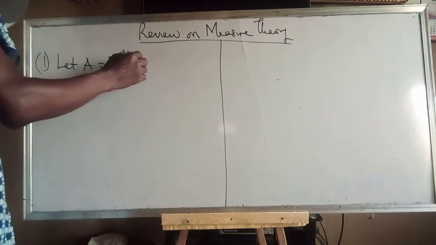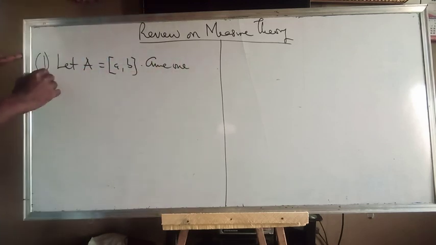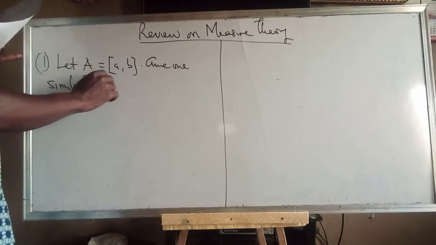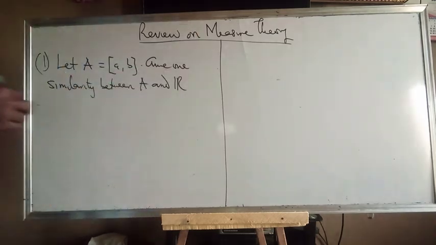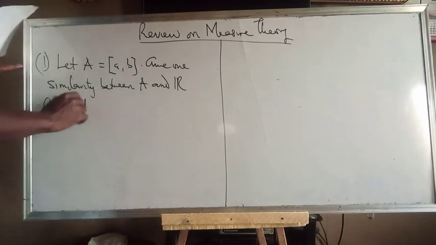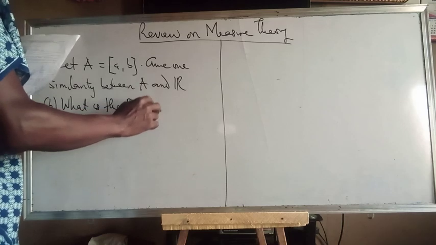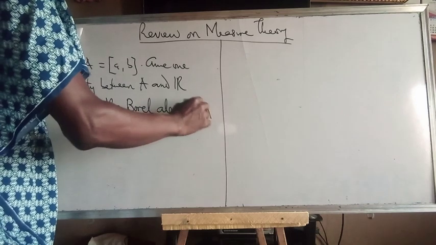Now, the question says, give one similarity between A and the set of real numbers. Then the second question, the B part: what is the Borel algebra of A?